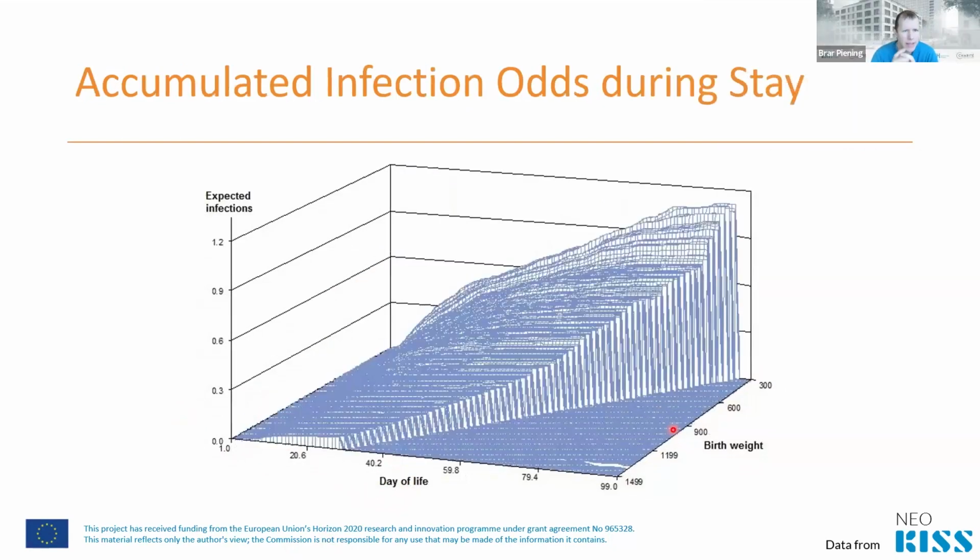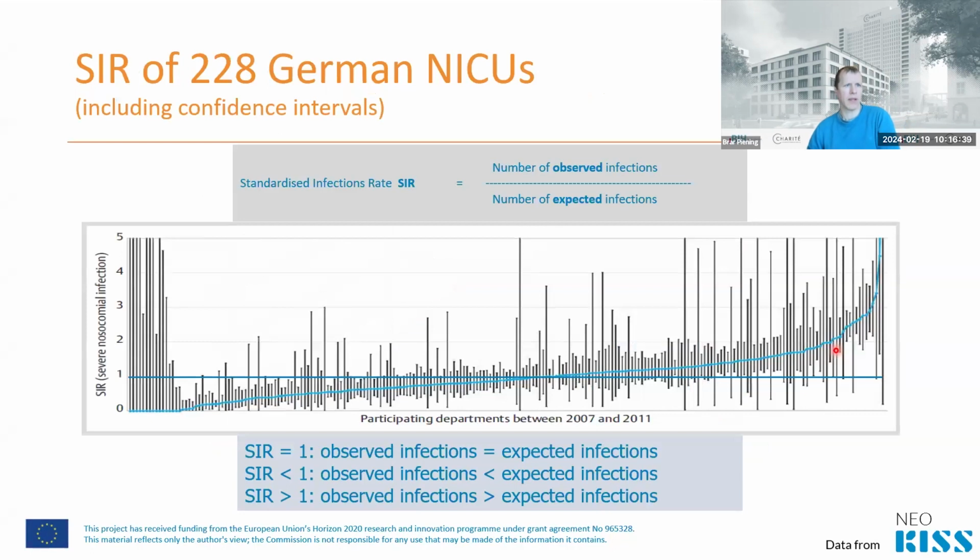Another view on this data: the odds of acquiring an infection accumulate over time, but not linearly. There is a steeper part in the beginning, and then it flattens out and saturates in the end. So measuring infections in neonates is complicated. And even if you standardize for the different risks of the infants, you still have different infection risks.